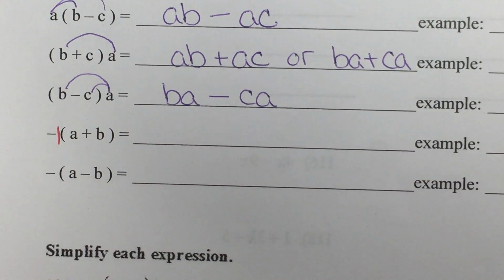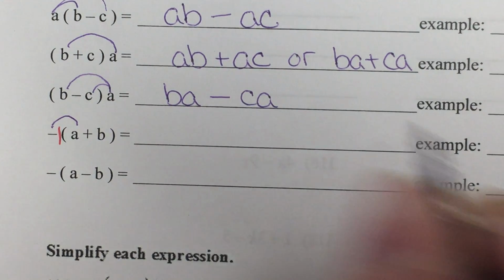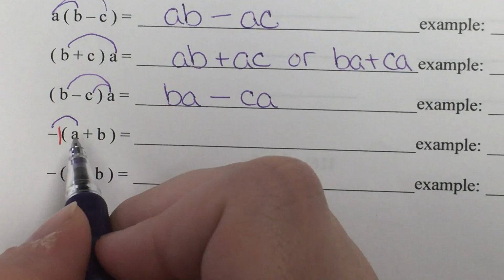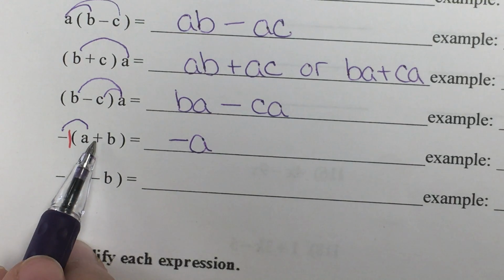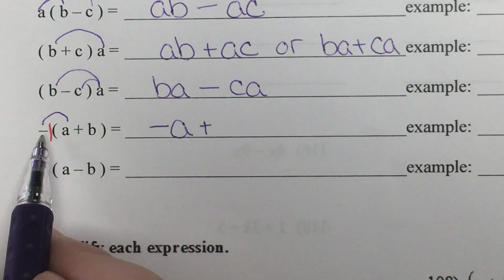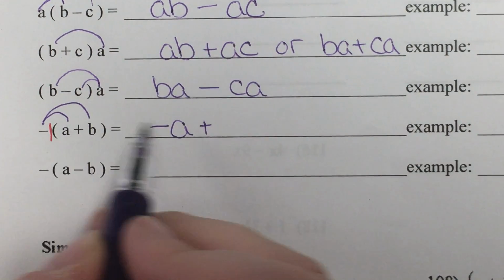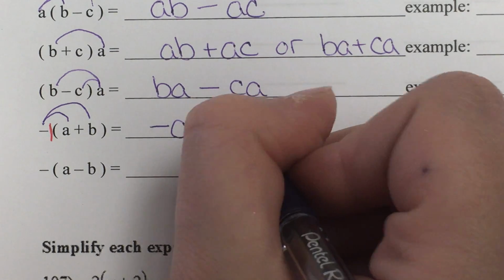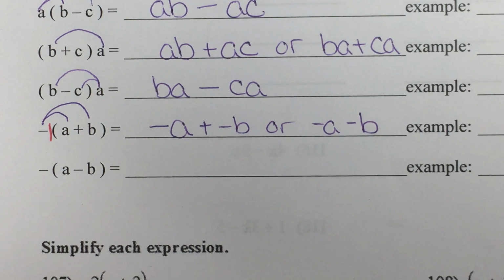Okay, so if I distribute this negative 1 to A, remember I said if that's 1,000,000, now it becomes negative 1,000,000. So this would be negative A plus, well, I won't say plus for long because when I distribute this negative, this makes it negative B. So plus negative B or negative A minus B, this is the same thing.